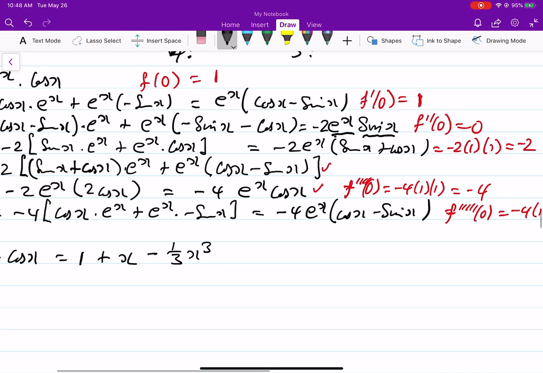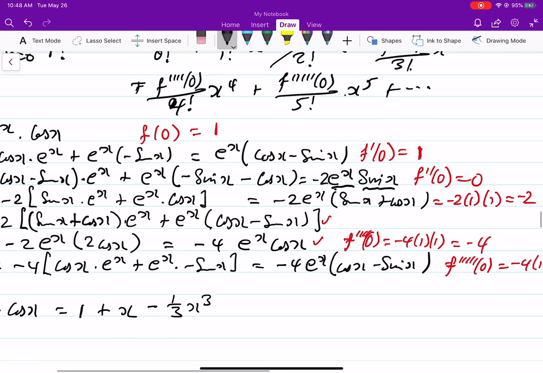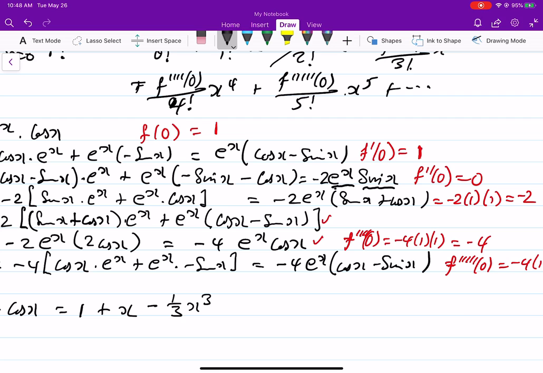F quadruple prime over 4 factorial, that's minus 4 upon 4 factorial, the 4 will cancel, and I'm left with 3 factorial in the bottom, which is 6. Minus 1/6 x to the 4th. And then f quintuple prime, that's 5 factorial, 6 5 30. Minus 1 upon 30 times x to the 5th.